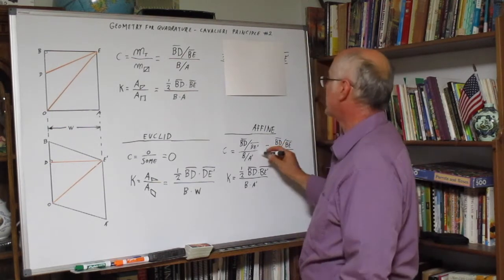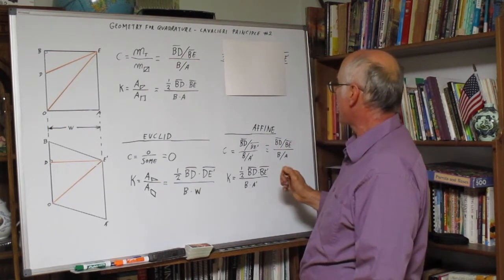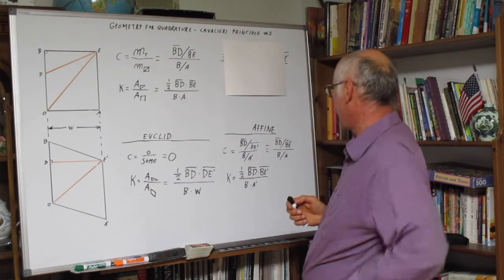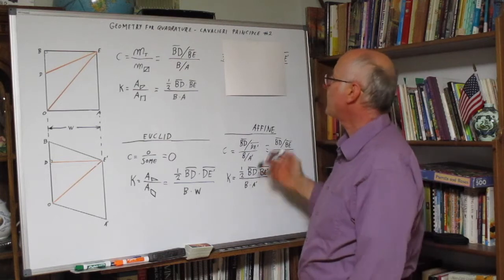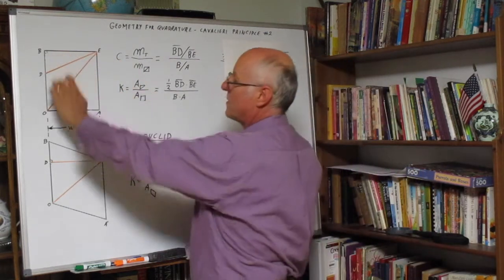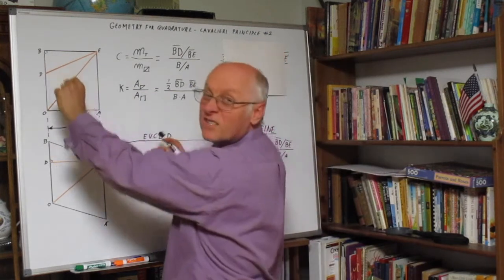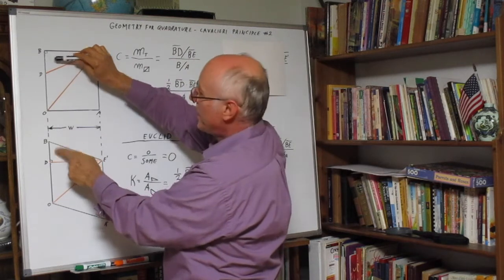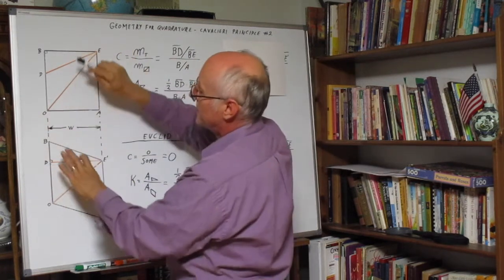That's kind of interesting. Let's look at something. We know from Cavalieri's principle that areas remain unchanged, invariant. So this remains unchanged, and the overall area remains unchanged.